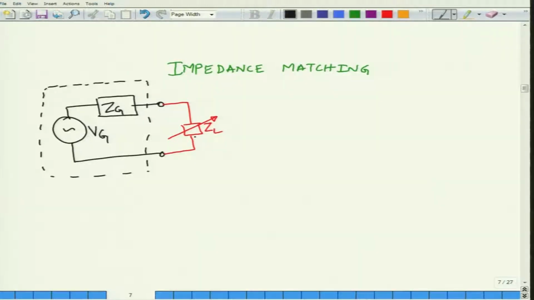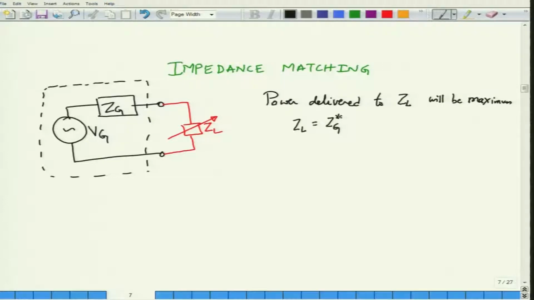The question now becomes: what value of ZL should I choose in order to maximize the power delivered to ZL, the complex load? I can deliver maximum power to the load only when ZL is equal to Zg complex conjugate.